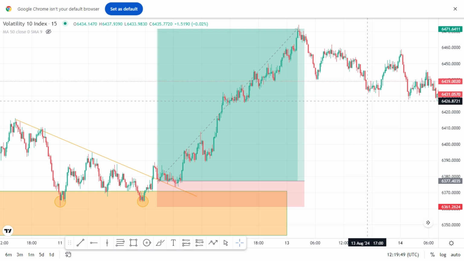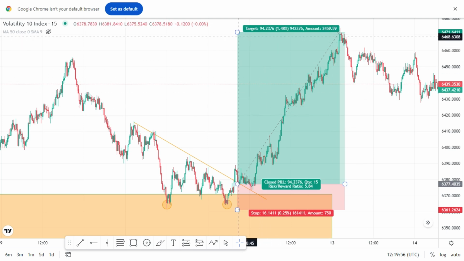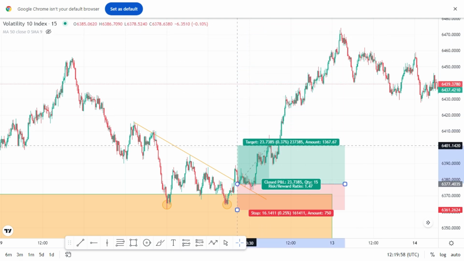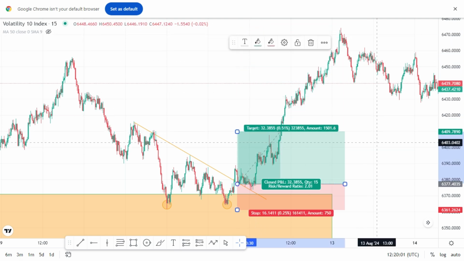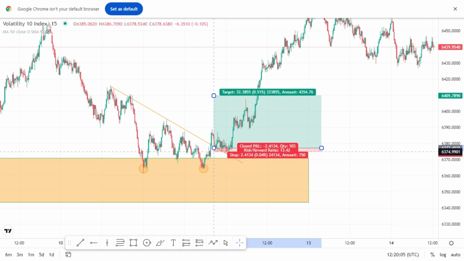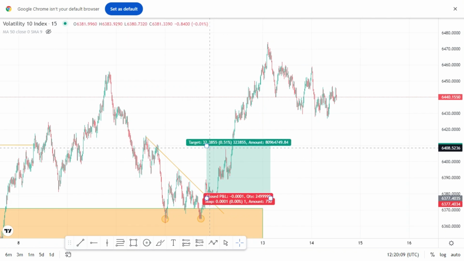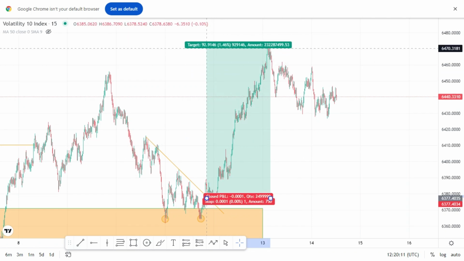If you want to go for 1:3, 1:5, 1:10, remember risk reward. I'm talking about risk reward. Now if the price should go up to 1:2, this is 1:2 right here. So once price moves 1:2, break even or take partial profit, then you can hold your trade to anything you want.